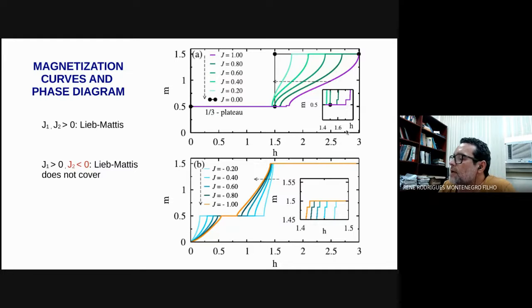There are also little steps just after one of the extreme points of the 1/3 plateau. These are associated with edge states for positive values of J, and for negative values of J, these steps, associated with edge states, are found only near the fully polarized plateau.